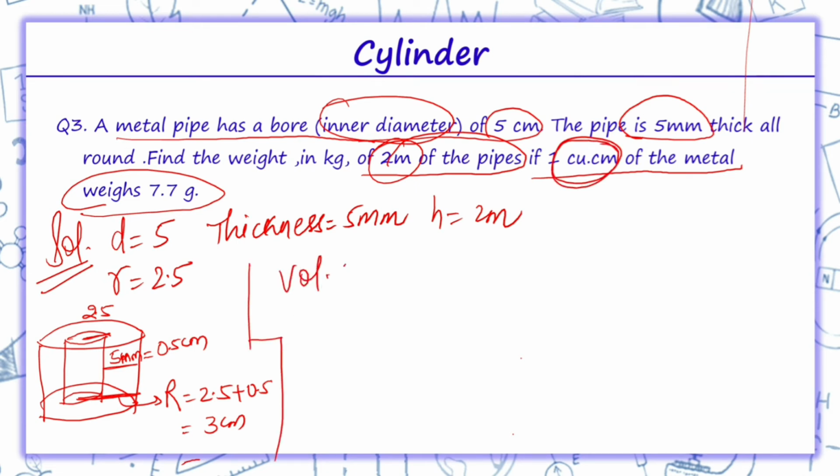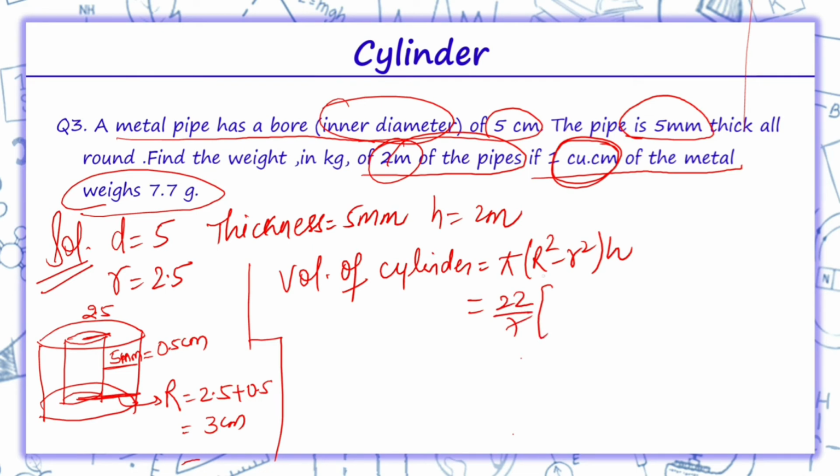Volume. So the volume of the cylinder, or we can say the volume of the metal pipe, is pi into R square minus r square into h. 22 by 7. Capital R is 3 and 3 square is 9, minus small r is 2.5, so 2.5 square is 6.25, into h is 2 meter.